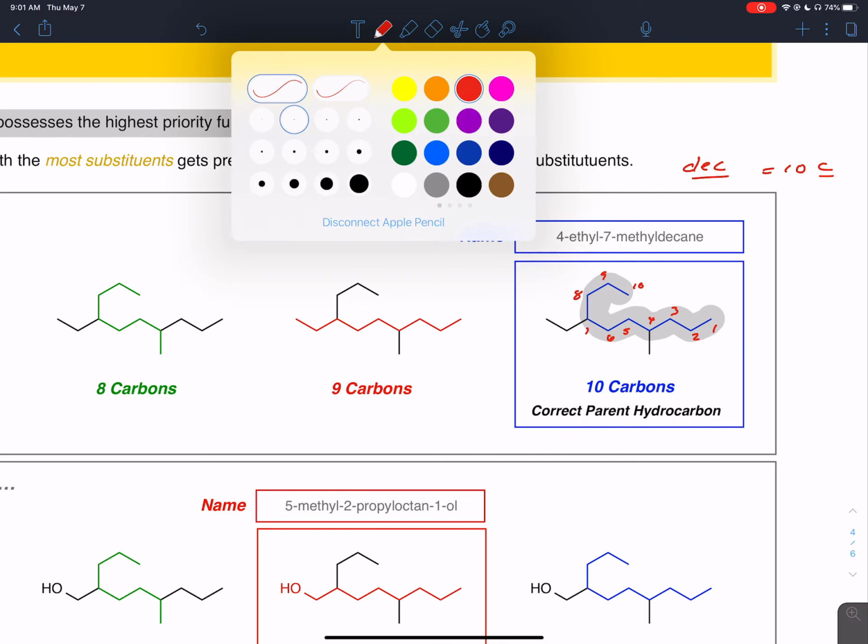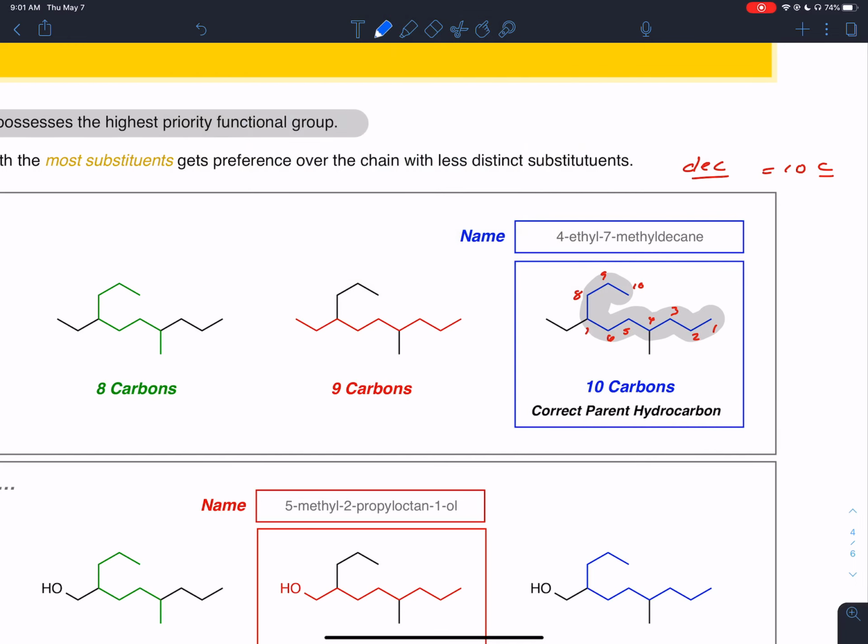And notice here, coming back to our rules, we have 1, 2, 3, 4, and a locant at 7, right? And regardless of how we number this, we will get the 4, 7 locant set. So numbering this way would give us 4, 7, and numbering in this way would give us 4, 7.